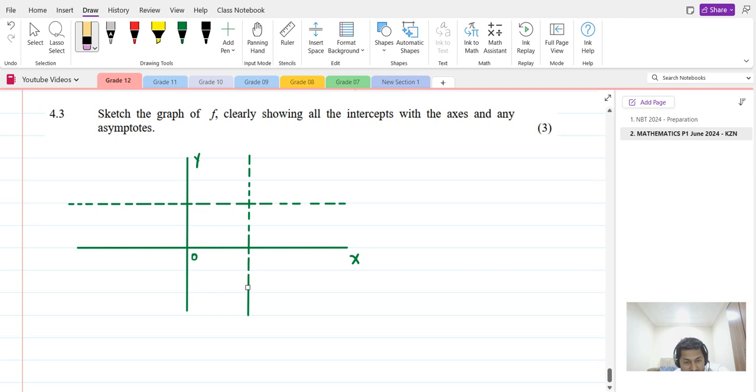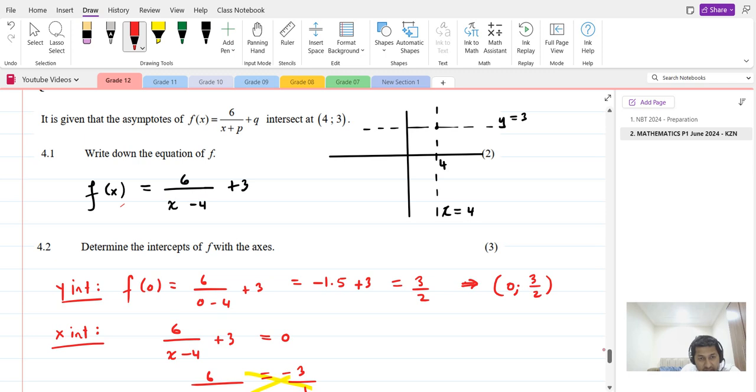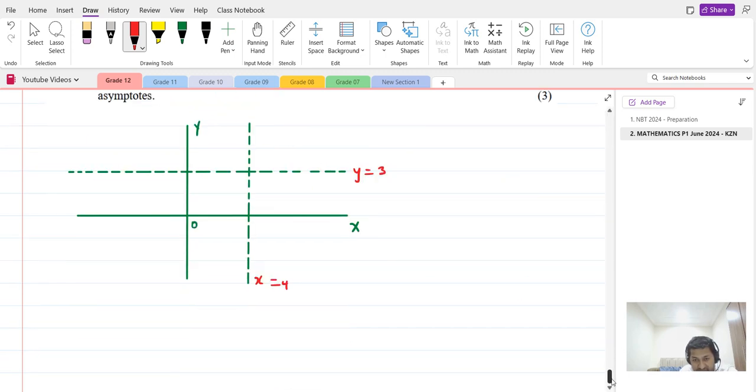Remember the equations where x equals 4 and y equals 3. Then the next thing is, we know the graph is in the first quadrant and the third quadrant, so the asymptotes make quadrants. There's quadrant 1, quadrant 2, quadrant 3 and quadrant 4. We can clearly see over here there's nothing intersecting, so that's one graph gone.